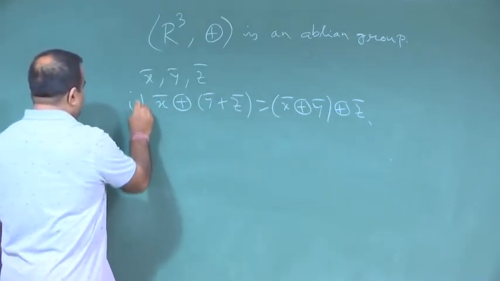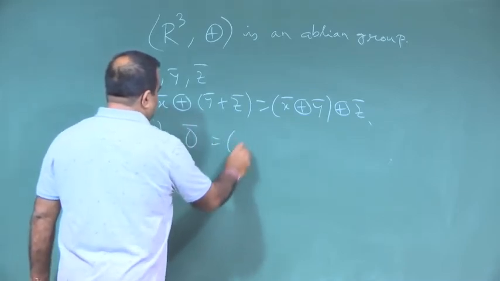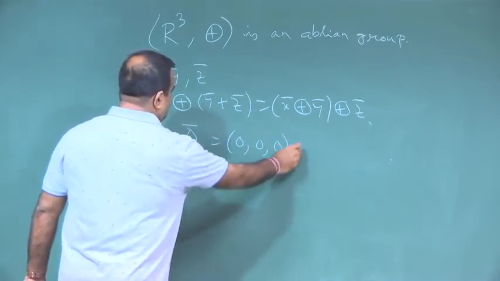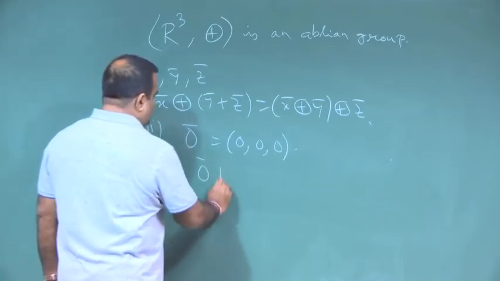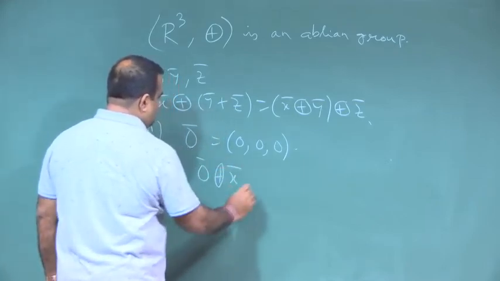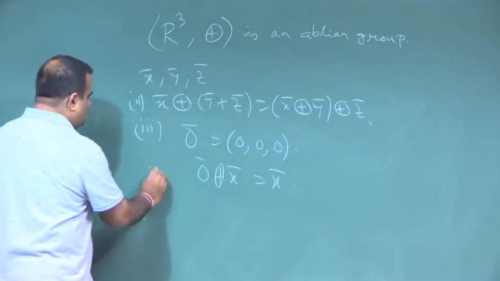Then the identity element is basically 0 0 0, the 0 vector. That is the identity element, because if we operate with any other vector, this will give us x. Now, what about inverse?